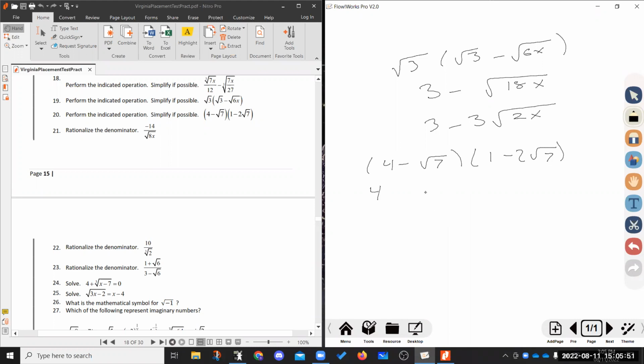So we get 4 minus 8 root 7 minus root 7 plus, remember, a negative times a negative is a positive, 2 times 7. 2 times 7 is going to give me 14, so 4 plus 14 plus negative 8 root 7 minus root 7. That's a 1 root 7. Don't forget that there's an invisible 1 there. So this is going to be 18 minus 9 root 7.